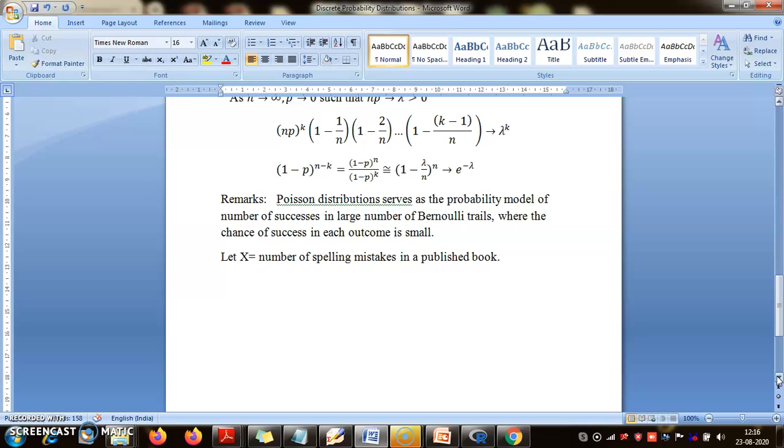So now I will go to another distribution, namely the geometric distribution.